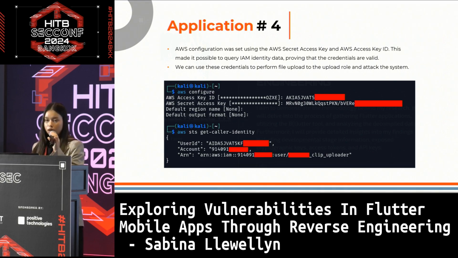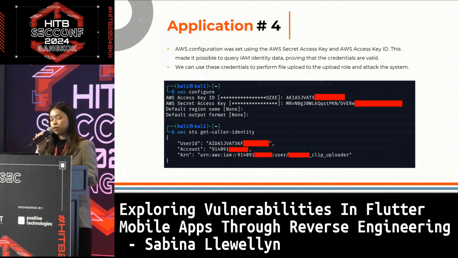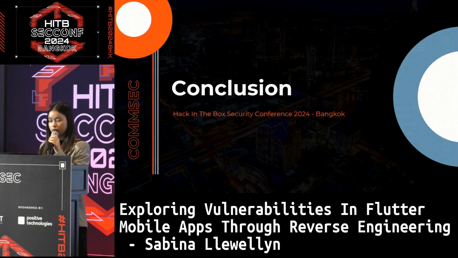So, after obtaining the secret access key, I configured AWS and I was able to query the IAM identity. And this means that the S3 bucket of the app is accessible. And yeah, that is it for the fourth application.